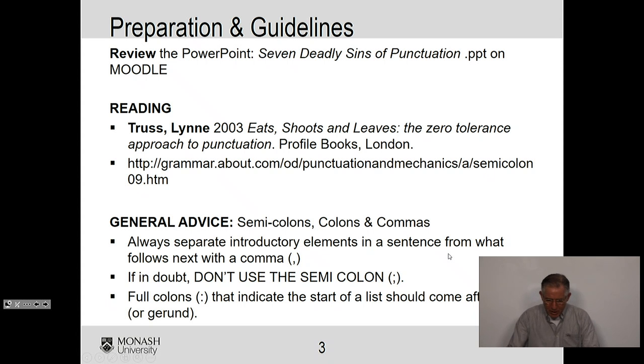Here's your preparation and guidelines, and we're going to touch on some of those other punctuation elements such as semicolons, colons and commas. General advice. I want you to always separate introductory elements in a sentence, header elements, those bits that start off a sentence, from what follows with a comma.